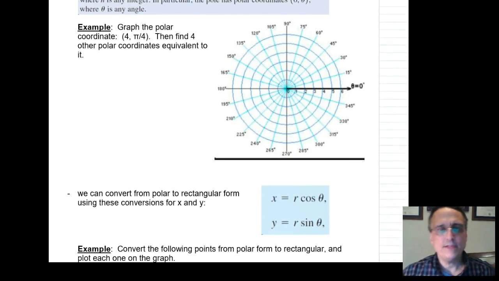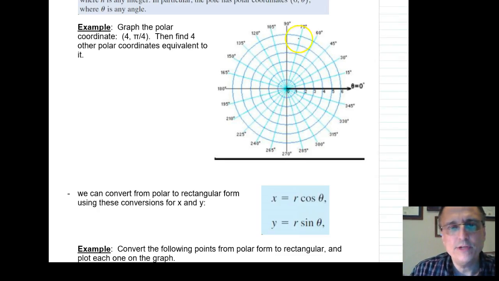One of the things that we use to make our graphing of polar coordinates easier is this polar graph paper. It looks confusing maybe and it looks different, but never lose sight of the fact that this is still the x-axis. Students forget that and they think that this is like something from Mars.